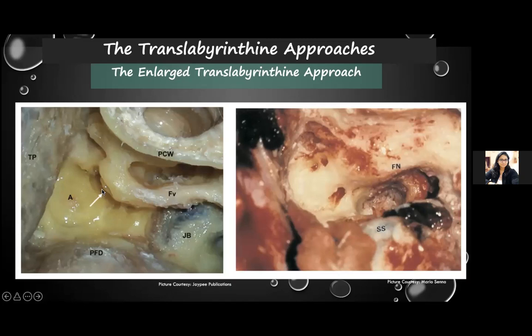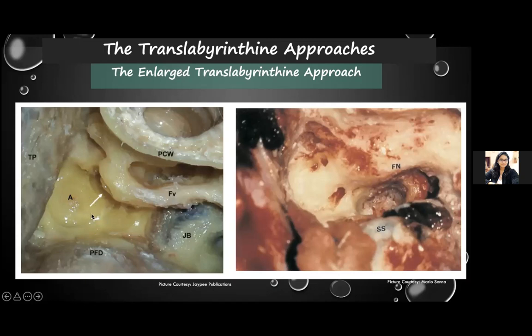And here we can see the area of the vestibule. Now, this is the subarcuate artery, which is found around the center of the superior semicircular canal. This landmark is important as we move towards the drilling of the internal acoustic canal.